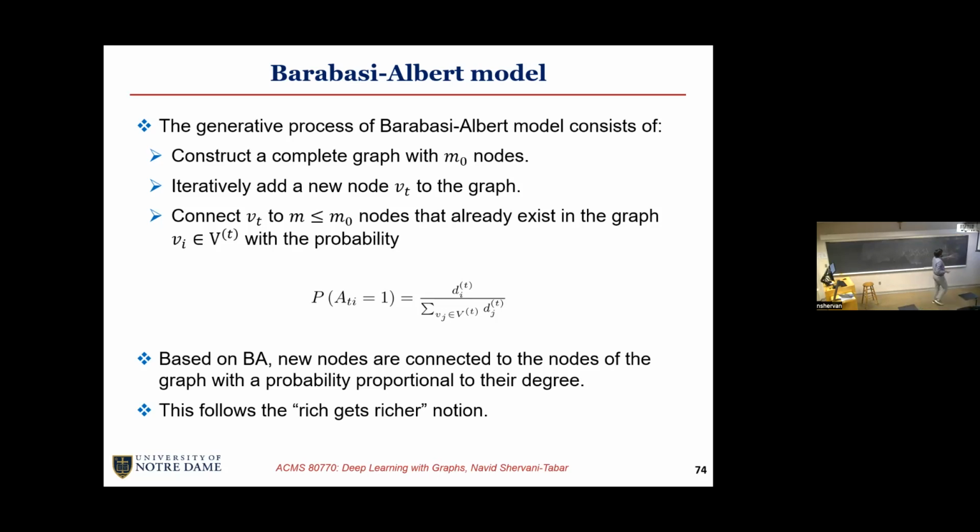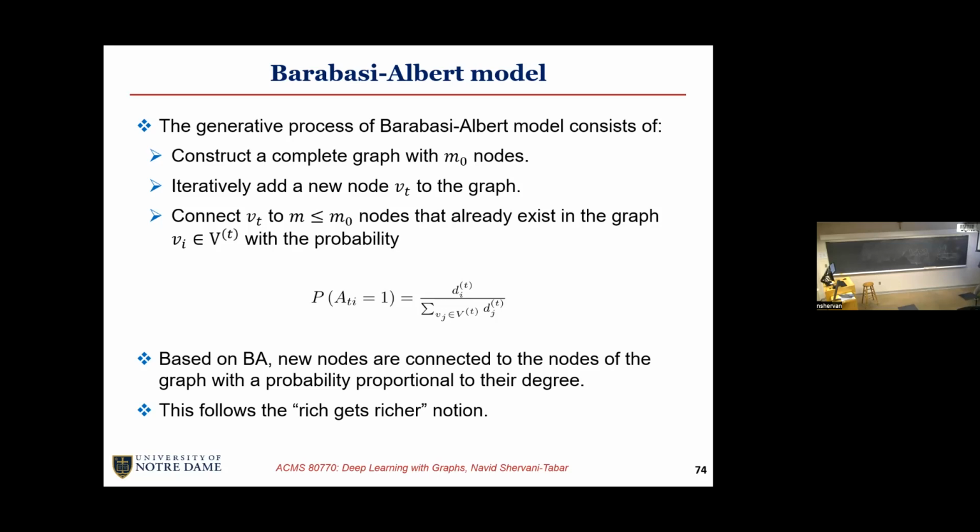So that initial set, just to reiterate, should be a complete graph. It means that all the nodes in that first set of nodes should be connected to each other. And then we have a probability. d_i^t means the degree of a given node i at iteration t, divided by the sum of all the degrees in the graph at that iteration.